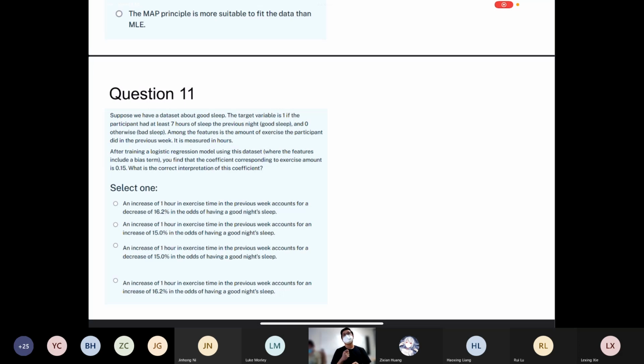Remember, in logistic regression, what you're trying to regress here is the log odds of your class 1. So if you have a coefficient of 0.15, that means the coefficient corresponding to log odds would be 0.15.